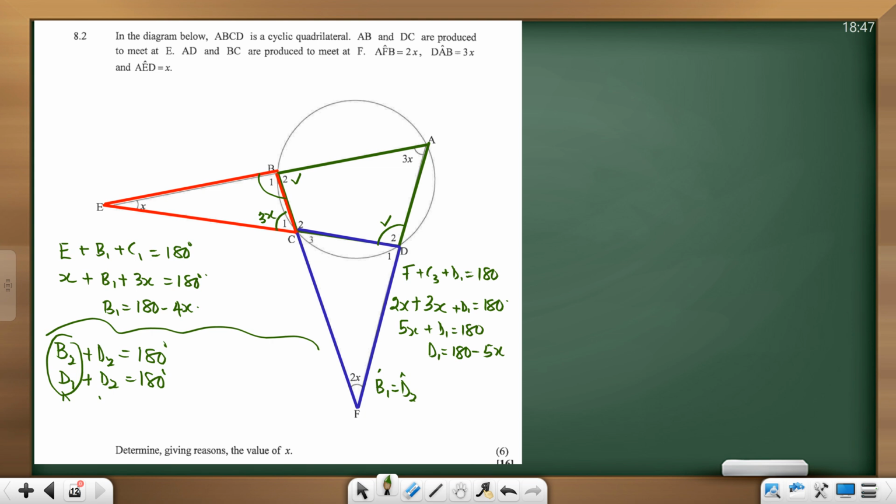Then you said angle B2 is equal to angle D1. Yes, sir. Okay, let me put a dot there. That I agree with.